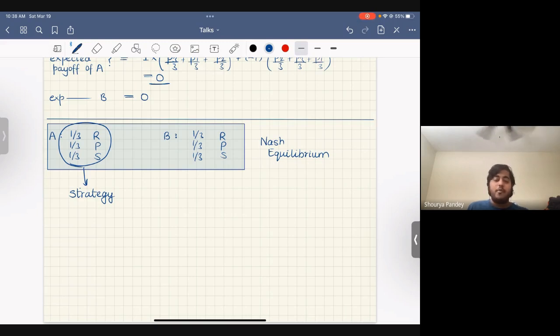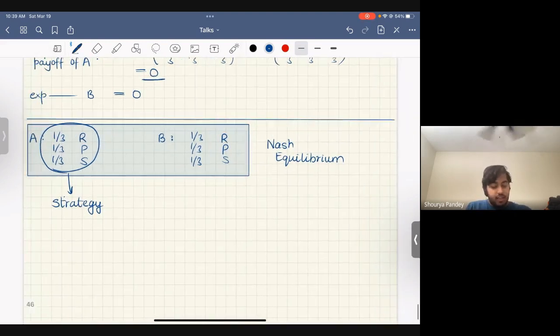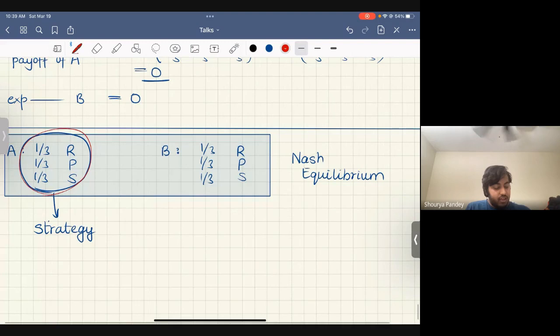Every time you play R, the other player plays P. The player may not know that, but the point is that there exists such a strategy. But here with this 1/3 each, we know that if A sticks to the strategy, it is in the best interest of B to stick to the strategy and vice versa.